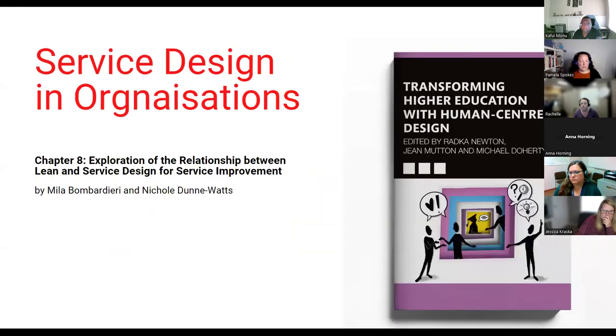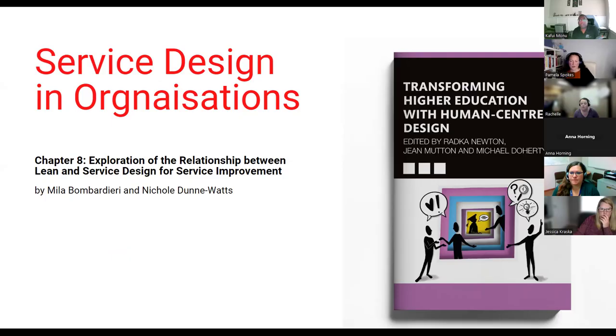And just to move over, so this is a book and chapter. Of course, this is about higher education, but higher education is also a similar public service. So chapter 8 of this book is called Exploration of the Relationship Between Lean and Service Design for Service Improvement. This is a new book that's coming out soon.